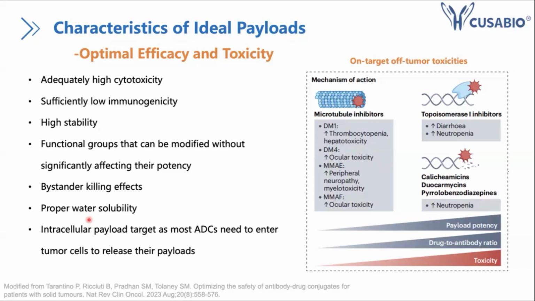But because of this type of toxicity, we still need to be careful. Because as I showed here, as the potency and the bystander effect increase, the toxicity, especially this type of toxicity, will still increase.